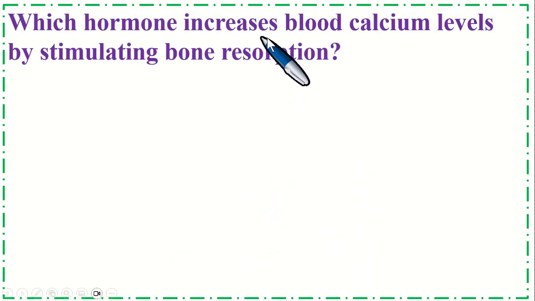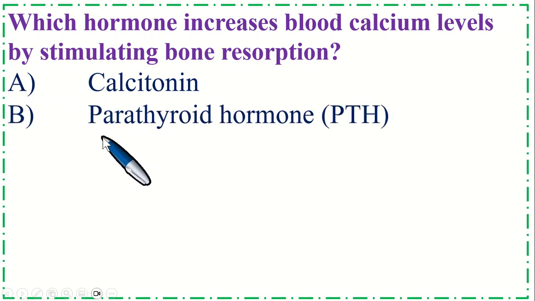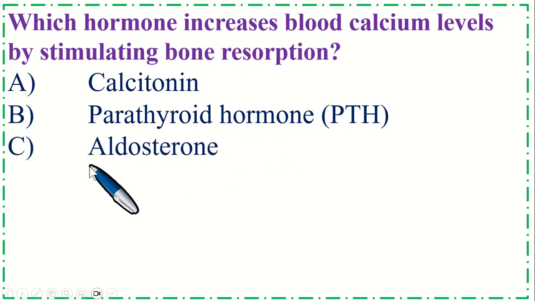Which hormone increases blood calcium level by stimulating bone resorption? Option A, calcitonin, B, parathyroid hormone PTH, C, aldosterone, and option D, insulin.